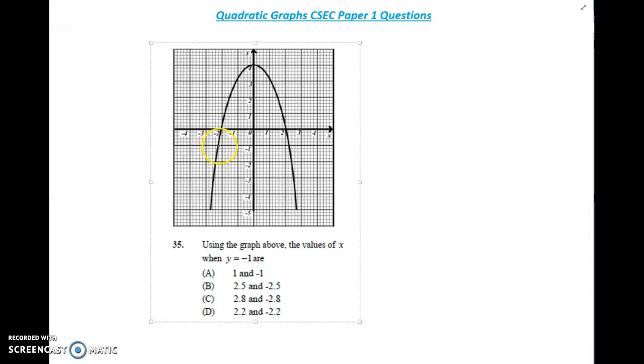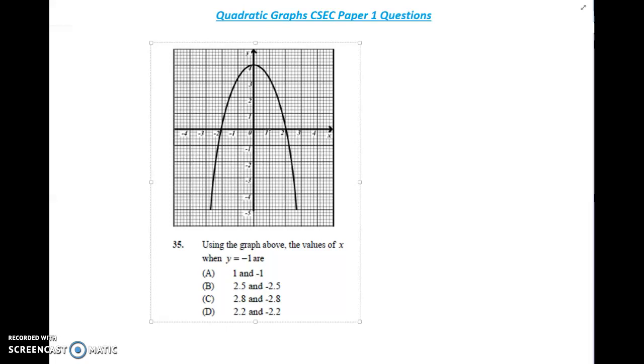So if you look carefully here, this is 2 here, right? And this is my point. Now, first of all, we need to understand how to read the scale, right? If you look from 0 to 1, we have 5 tiny blocks. So each tiny block really represents 0.2. So this will be 0.2, 0.4, 0.6, 0.8, and then 1.